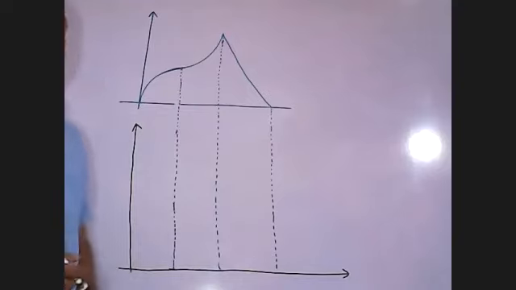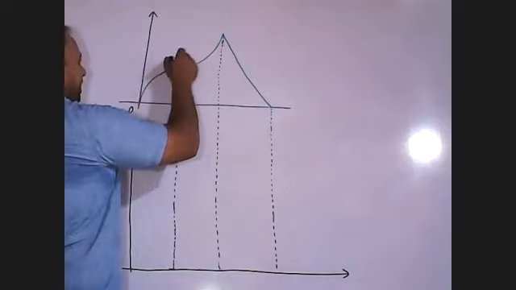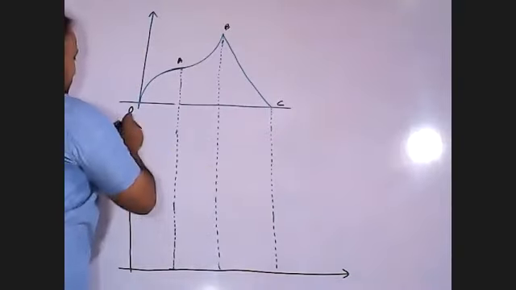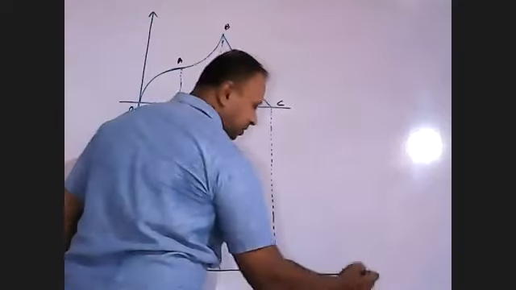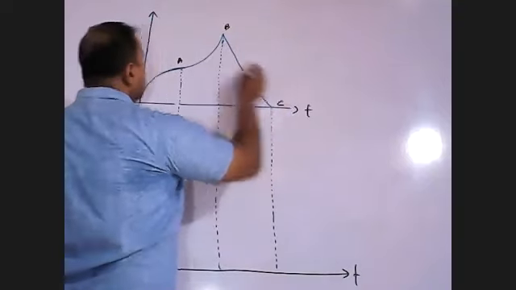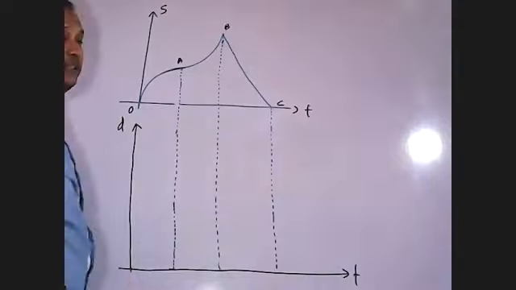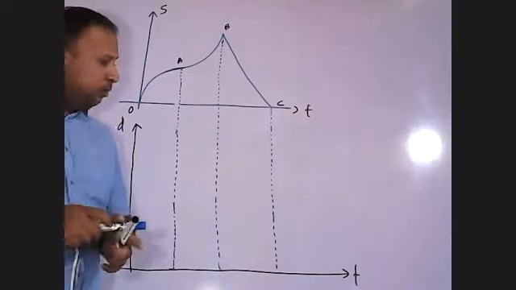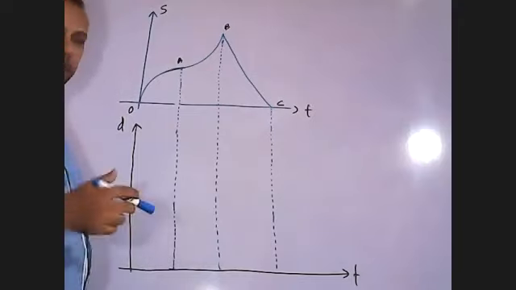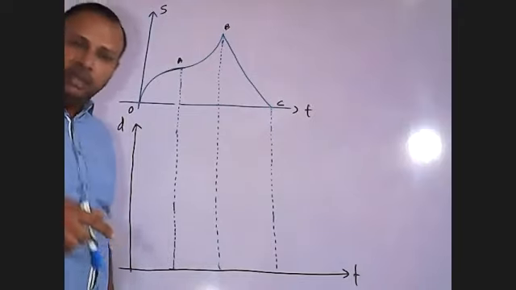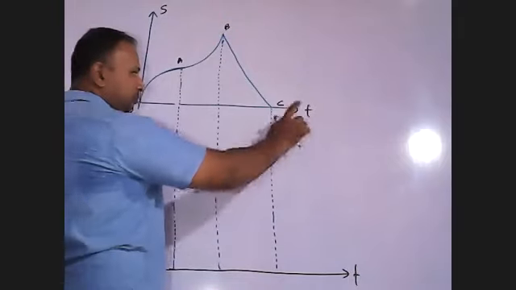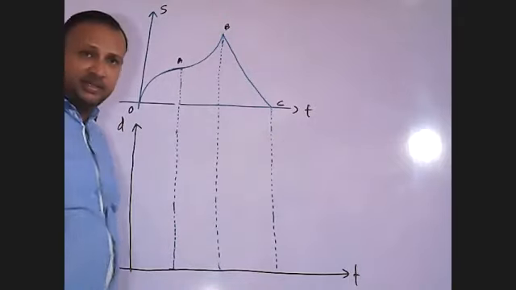Okay. Then tell me from O, A, B, C. This is a DT curve. ST curve. Another thing, when you are drawing a ST curve, any motion curve in the exam, you have to mark two axes.